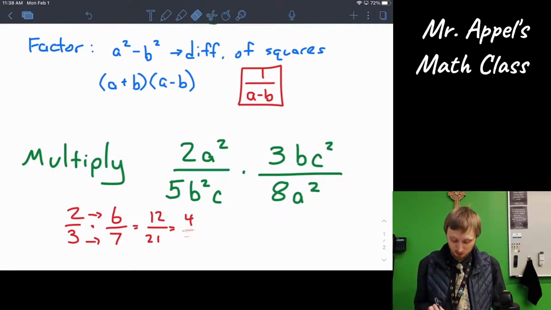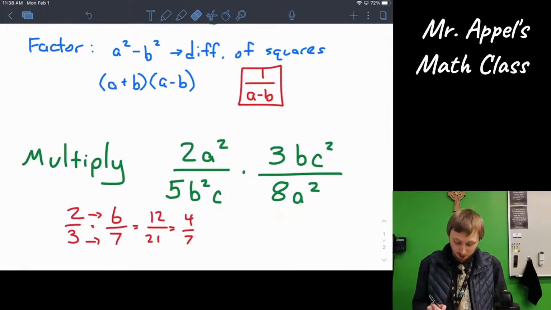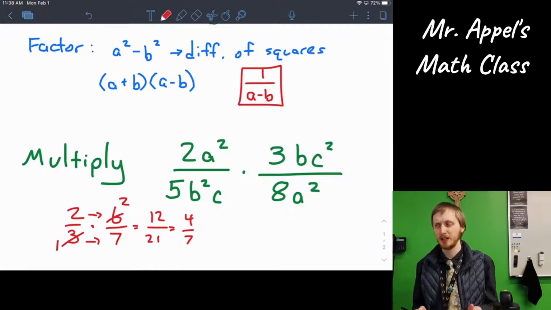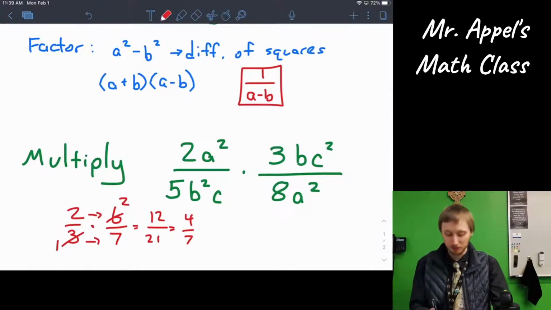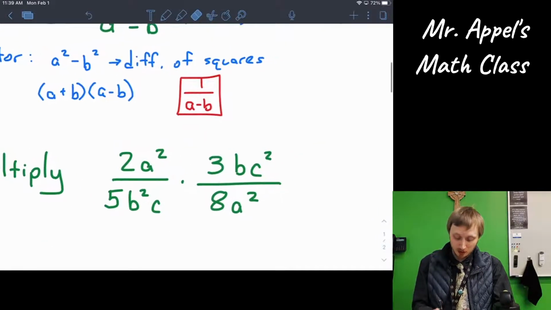Same thing, except some of you may have noticed, actually before I erase that, hey, wait a minute, I could have reduced this first. We could have gone, hey, 6 is divisible by 3 already. That's 2. That's 1. Yeah, save yourself a headache. Reduce first, multiply later. Okay? Reduce first whenever possible. Make your life easier from the get-go.